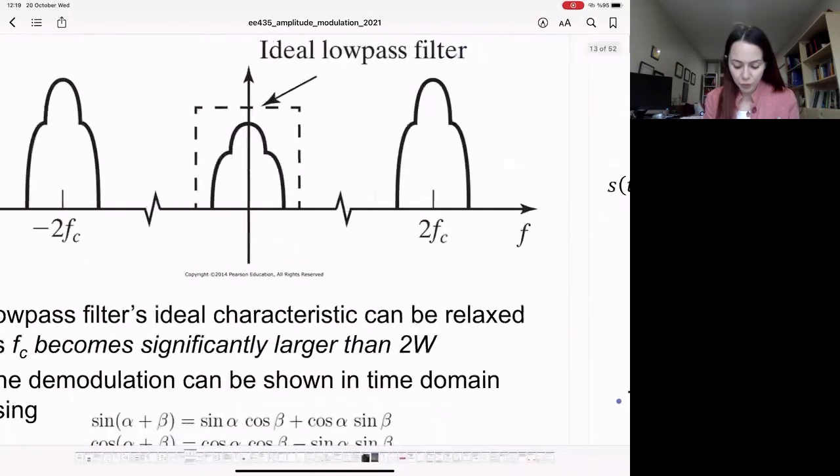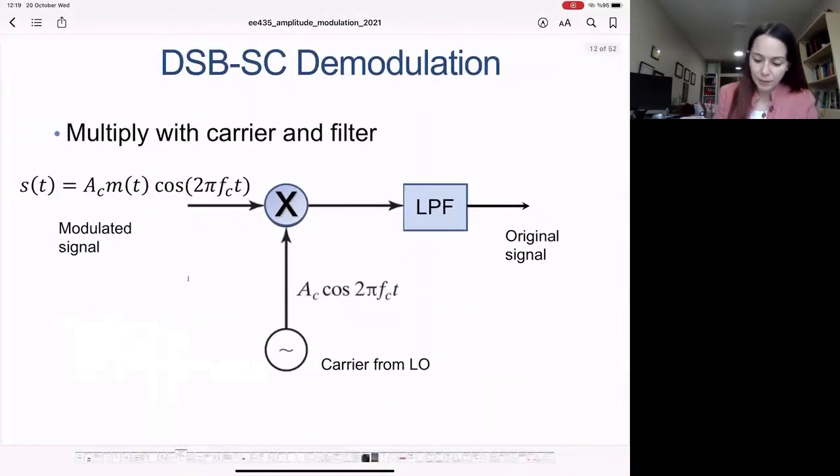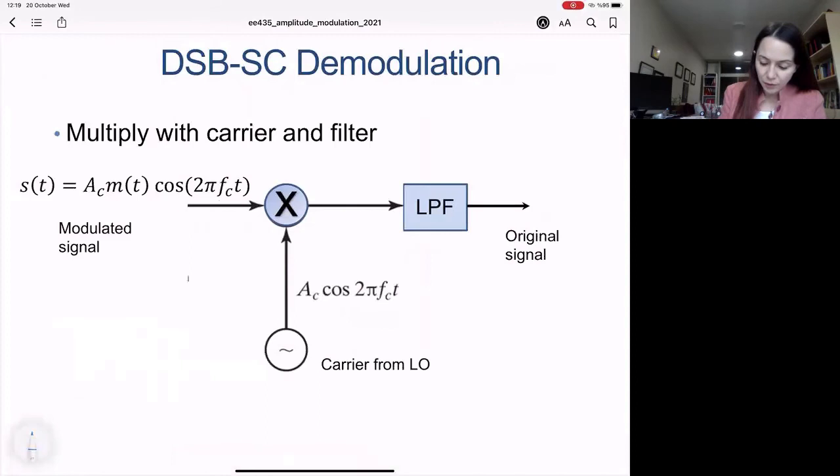We're going to use, maybe we can just write out the results. S of t is AC M of t cosine 2 pi fct. And here I have AC cosine 2 pi FCT.